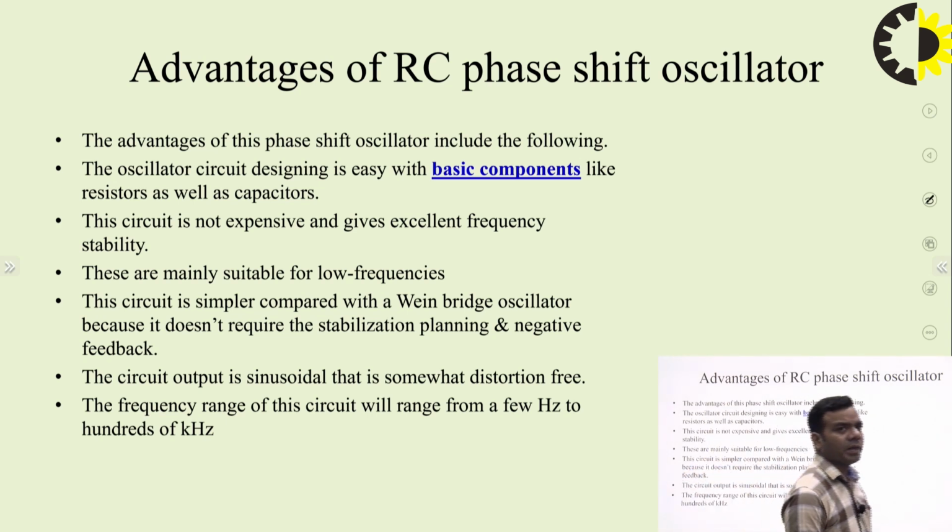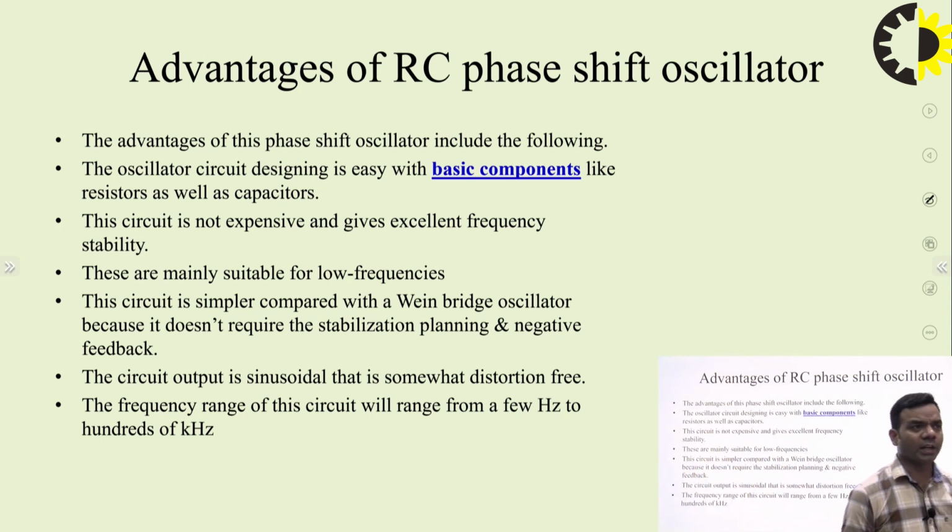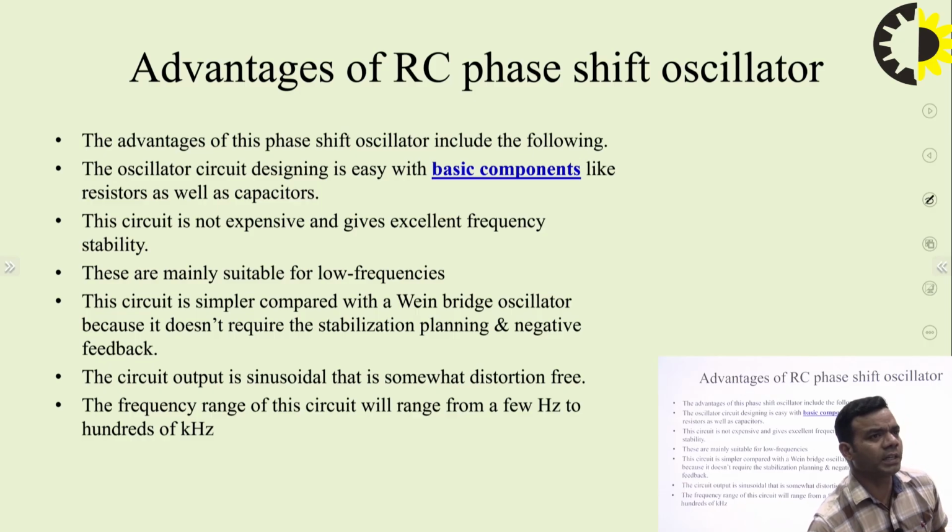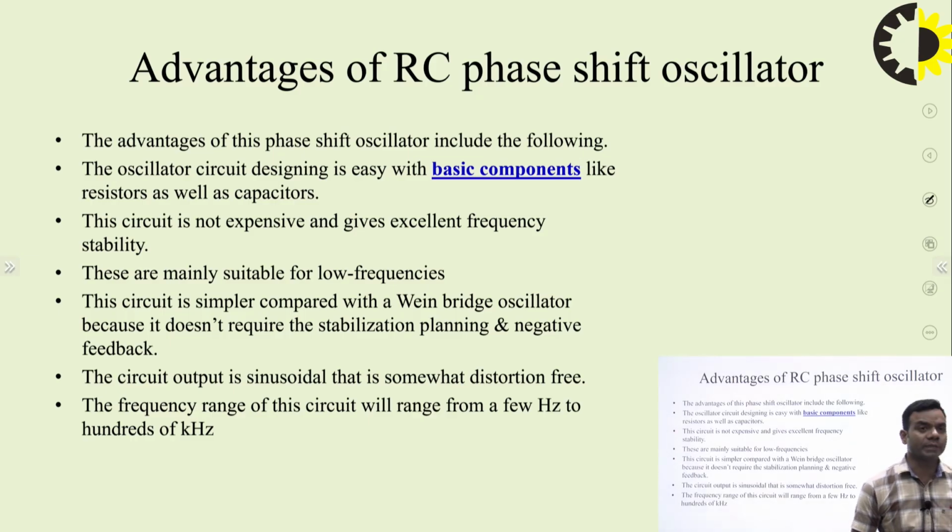Now, there are some advantages of the RC phase shift oscillator, like the oscillator circuit designing is easy with basic components like resistors as well as capacitors. This circuit is not expensive and gives excellent frequency stability. These are mainly suitable for low frequencies. This circuit is simpler compared with the Wien bridge oscillator because it doesn't require any kind of stabilization and other things.